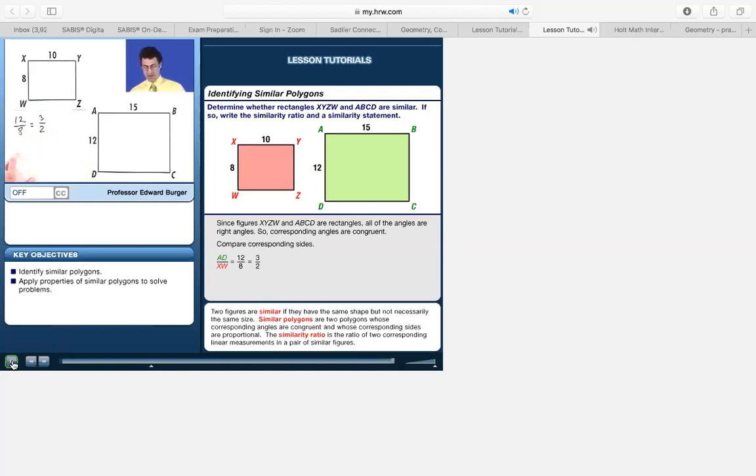All right, so there's that ratio. Now let's look at the ratio of the other corresponding parts. So large side of large rectangle is to large side of small rectangle. That's 15 is to 10. You see, girls, I'm taking the same sides together, okay?